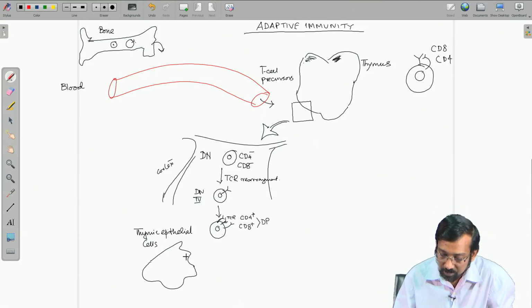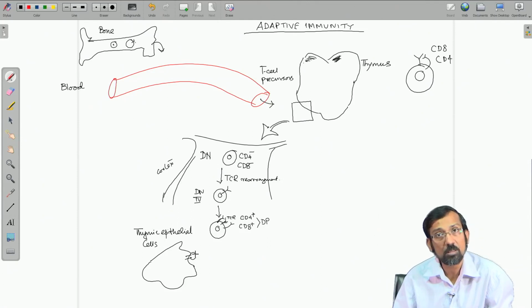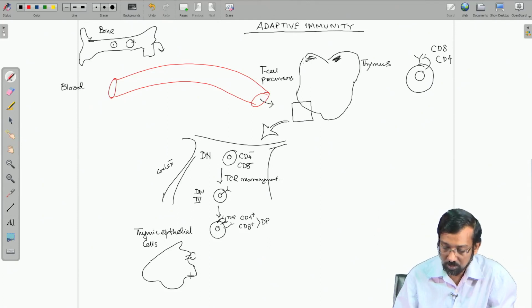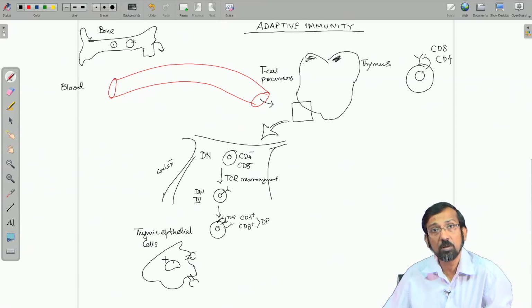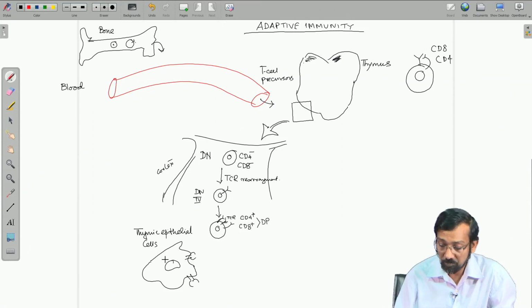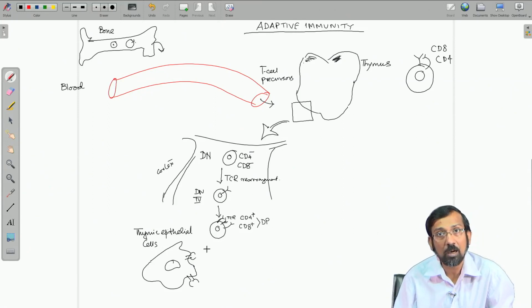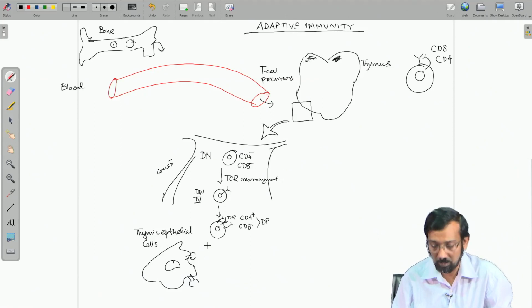So, as I told, these thymic epithelial cells are expressing the MHCs on their surface. So, it depends on the type of MHC molecule the cell is interacting with.